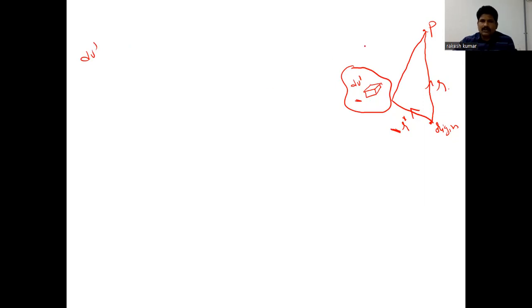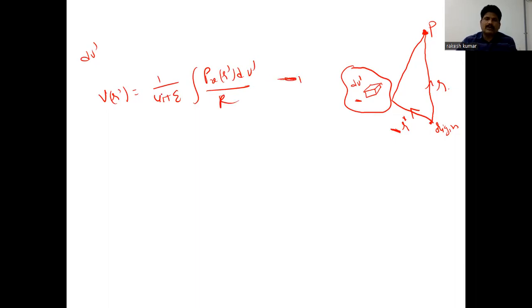Point P is the point of observation. The scalar potential at point P due to this volume charge density is given as V of r is equal to 1 by 4 pi epsilon into the integral of rho V of r dash into dv dash by R. This is the expression for volume charge density.